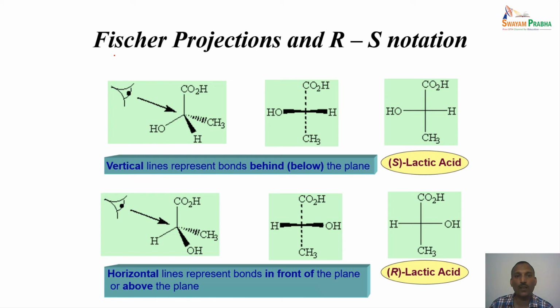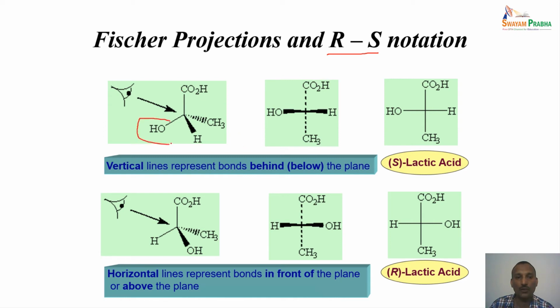Now we can compare Fischer projections with R and S notation, because this R and S notation is the most accepted one in organic chemistry, whereas Fischer projections are even now the most prevalent one in the field of carbohydrate chemistry. So we are taking a simple acid, lactic acid.